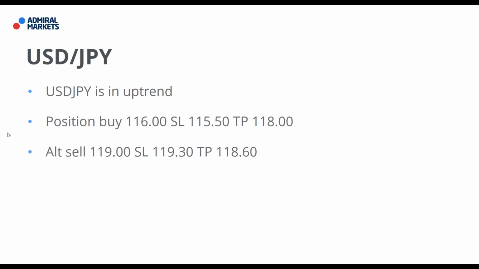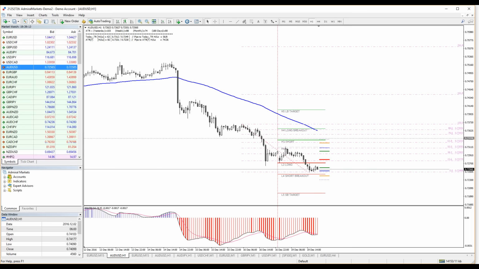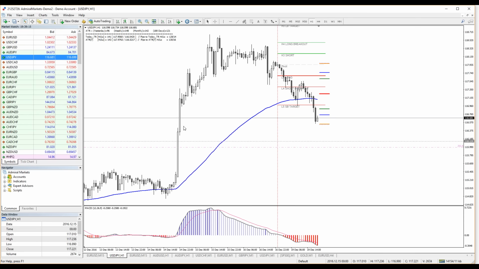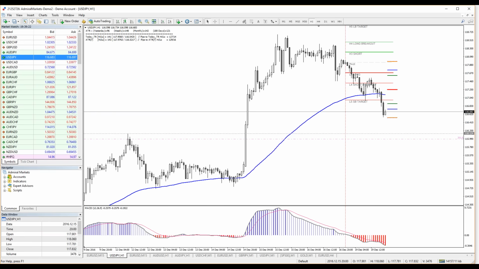So we might see some dips, and I think that dollar yen will be bought on dips. So for me, 116.00 is the level to watch.